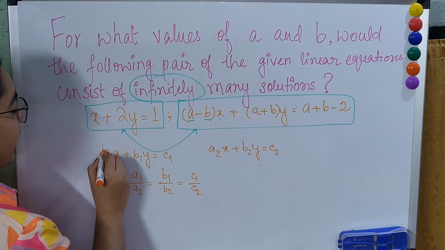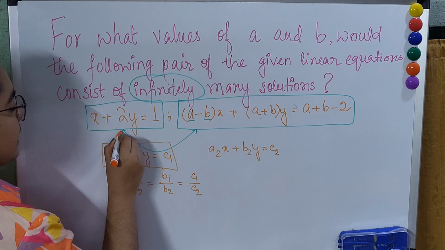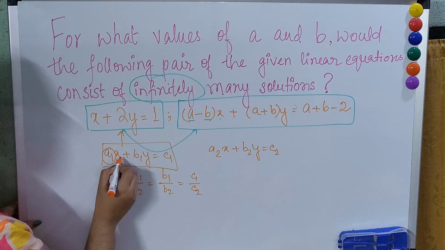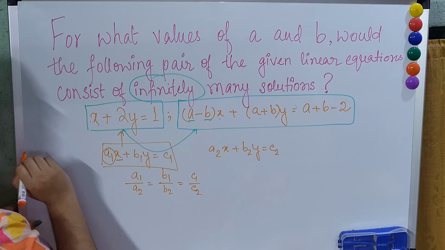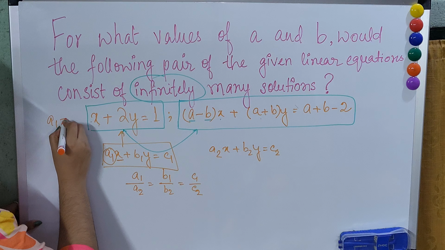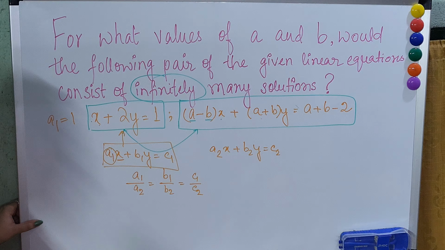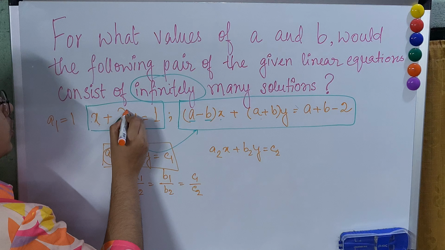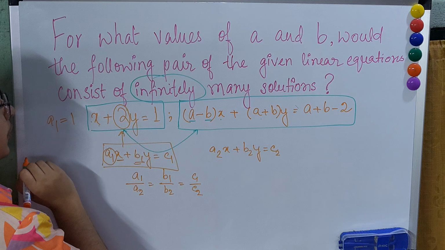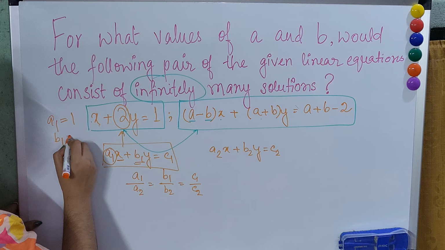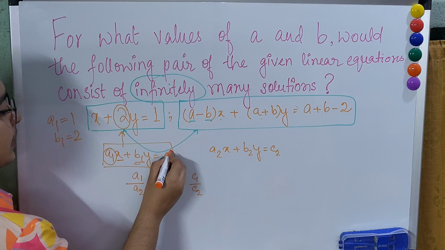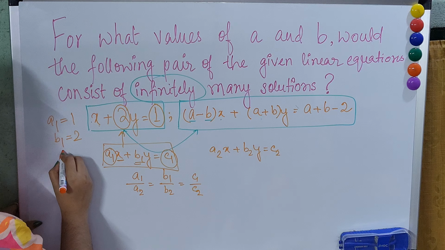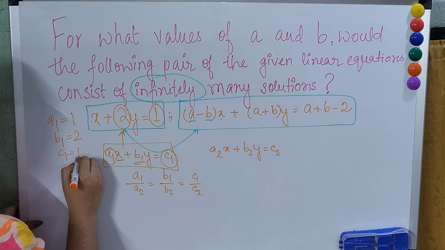So if we compare this equation with the general equation, a1 is the coefficient of x. Here the coefficient of x is 1, so a1 is equal to 1. Now b1 is the coefficient of y, which here is 2, so b1 is equal to 2. And c1 is the only constant, which here is 1, hence c1 is equal to 1.